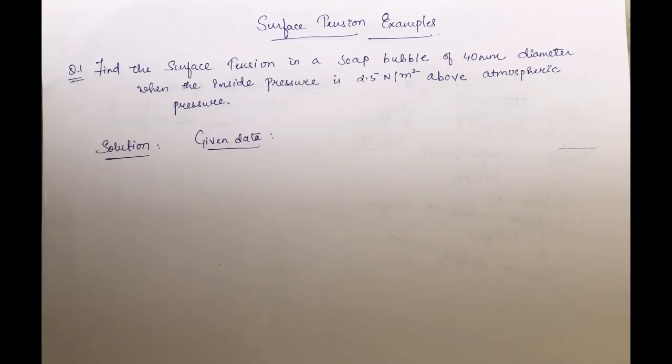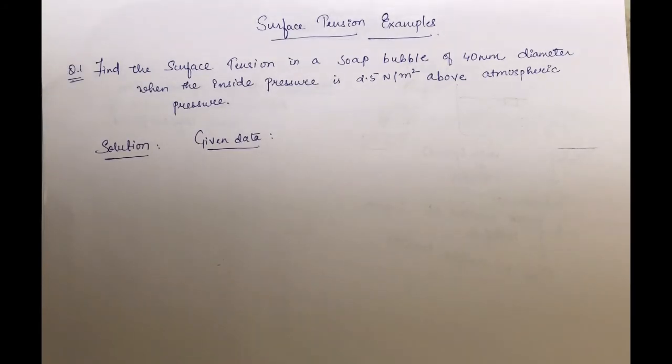Find the surface tension in a soap bubble of 40 mm diameter when the inside pressure is 2.5 Newton per meter square above atmospheric pressure. So we need to find the surface tension in a soap bubble which is of 40 mm diameter and the pressure inside it is 2.5 Newton per meter square above the atmospheric pressure.